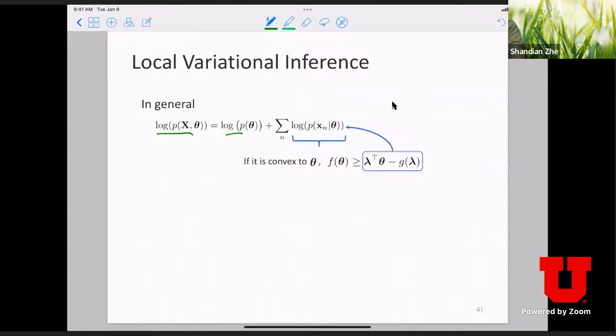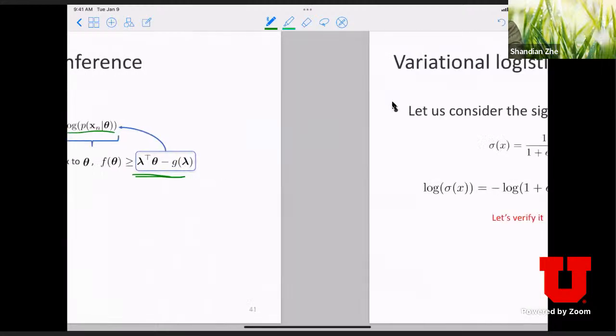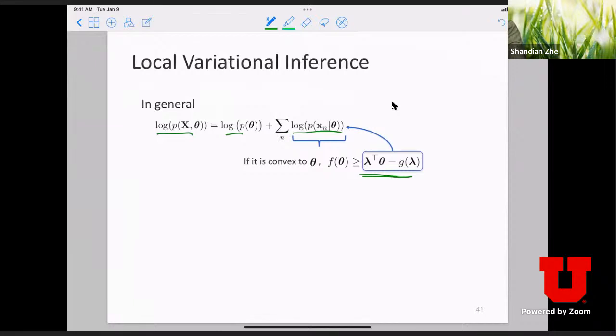For example, if your log likelihood is convex in theta, you can apply the convex conjugate. You replace the log likelihood by its lower bound with respect to lambda, and then you maximize this lower bound. You can calculate Q of theta based on this lower bound of the log joint probability, and then you maximize the lambda values.